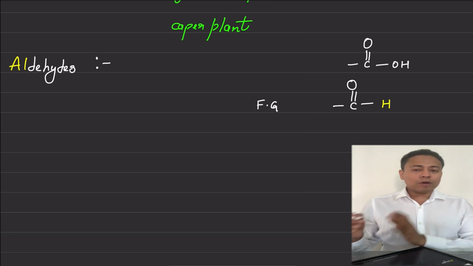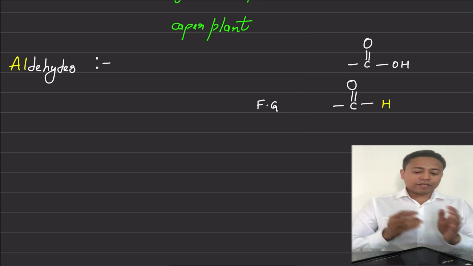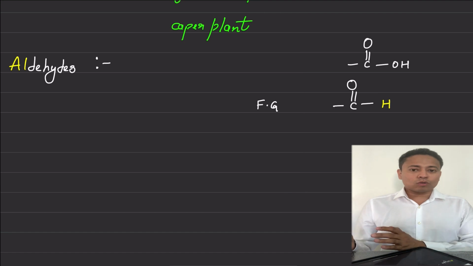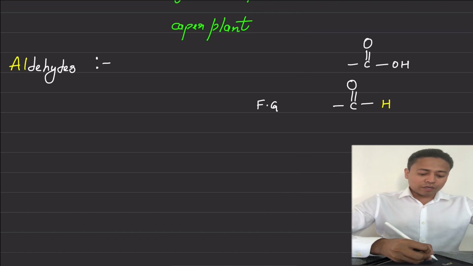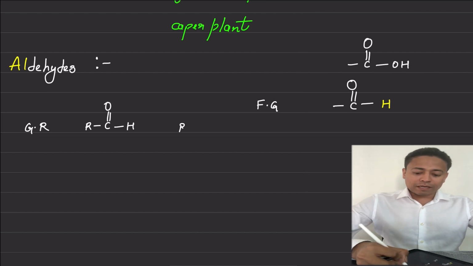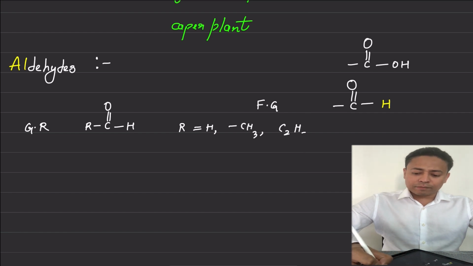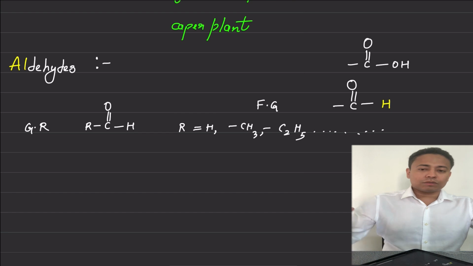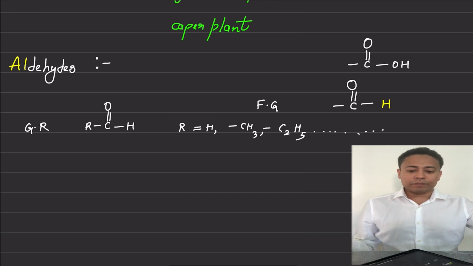Now when we talk about this, after the functional group we also need to know the general representation. The general representation will start as R, C double bond O, H, in which R can be hydrogen, methyl, ethyl, as I said previously, could be any number of carbon atoms, and we can name them.